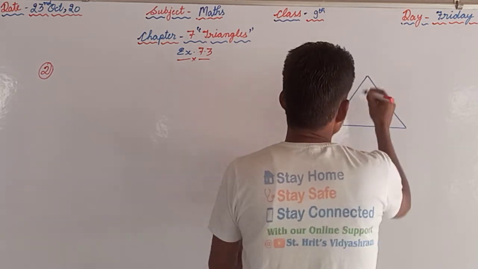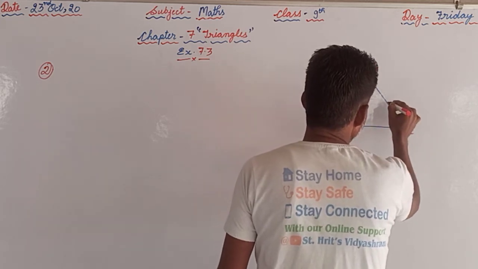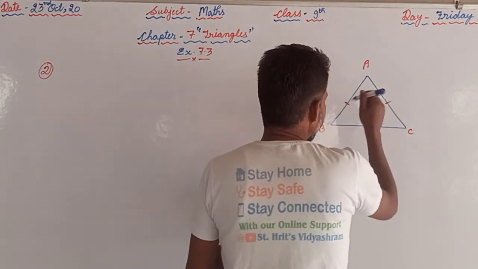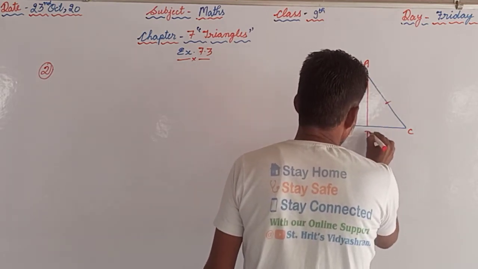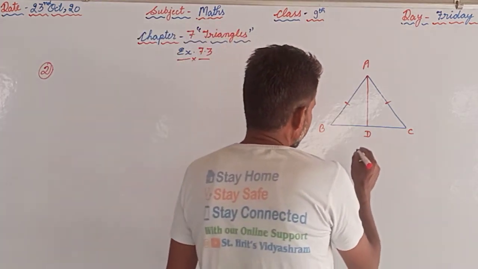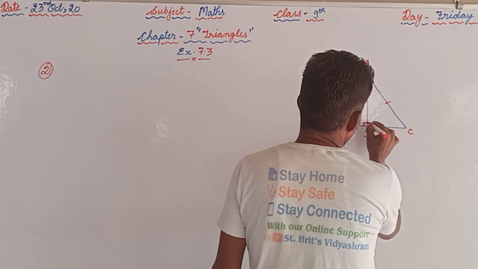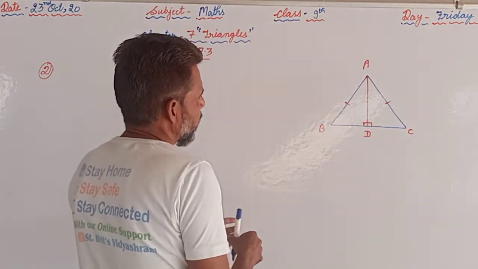Triangle ABC in which AB is equal to AC, and AD is the altitude. Altitude means that it is 90 degrees.